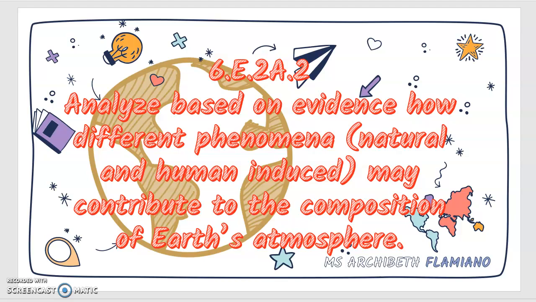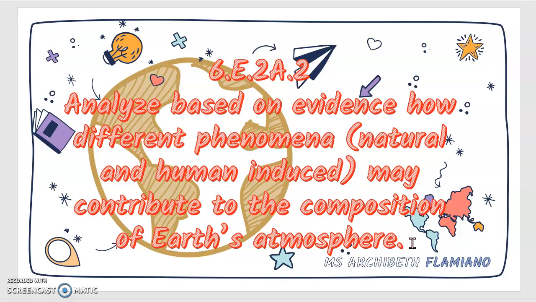Looking back, our topic on the origin of the atmosphere is actually the naturally induced phenomena that contribute to the composition of the Earth's atmosphere. If we recall, the carbon dioxide in the atmosphere came from volcanic eruptions during the early Earth.